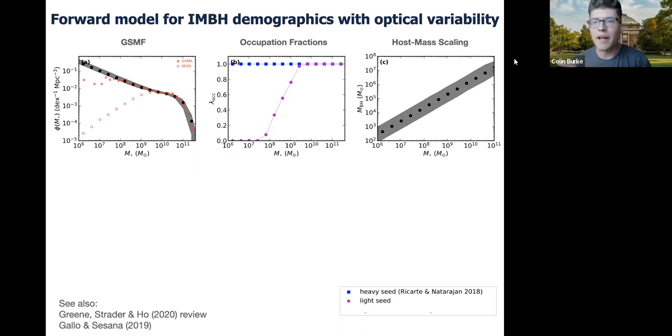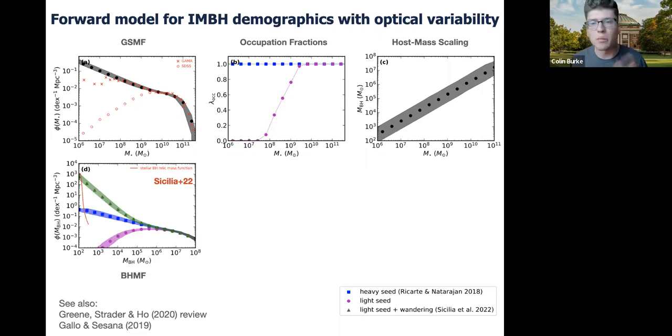After that, we know that the mass of the host galaxy is connected to the mass of the black hole. So we use the black hole mass-stellar mass relation to go from stellar masses to black hole masses. And when you do that, you get the black hole mass function.